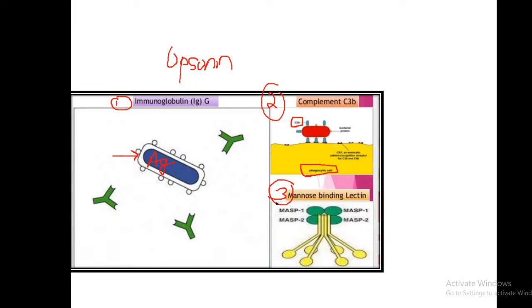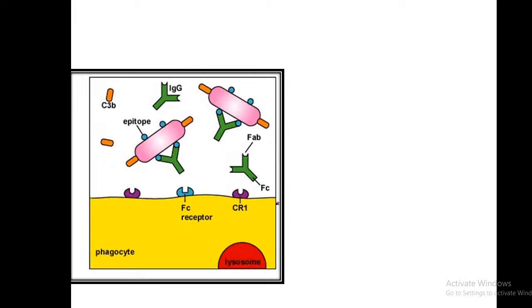The third one is mannose binding lectin. See, you can see here in the further details. The C3b is an opsonin, IgG is another opsonin, then the other one which we said is the mannose lectin protein. Here, this is a phagocyte.